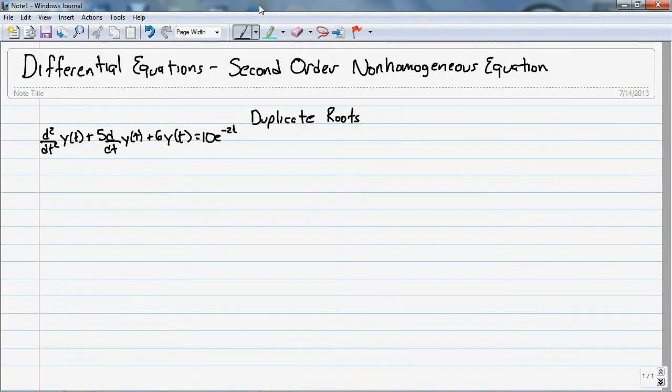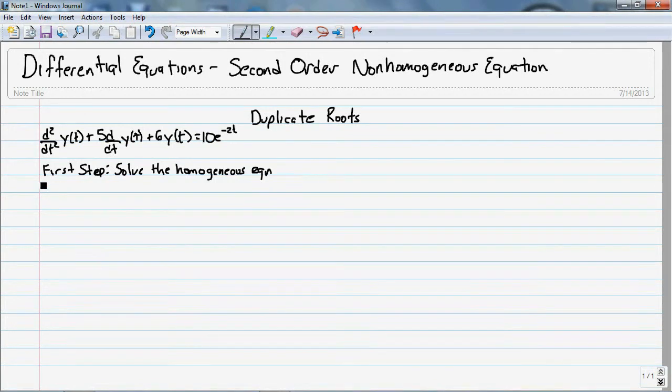In this lesson, we're going to solve a second-order non-homogeneous equation, and this one's going to have duplicate roots. So the first thing we want to do, first step, is solve the homogeneous equation.